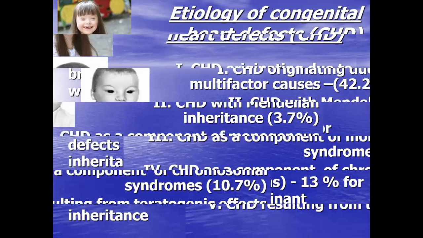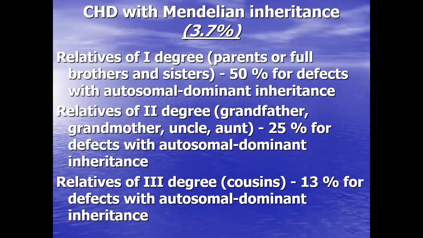And the first, congenital heart defect with Mendelian inheritance. If there is a congenital heart defect in relatives of first degree, so these are parents or full brothers and sisters, the risk of formation of heart abnormality equals 50% for defects with autosomal dominant inheritance.